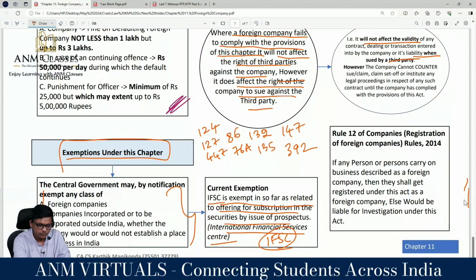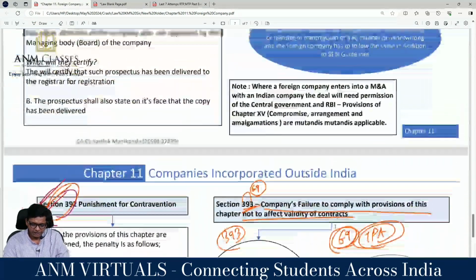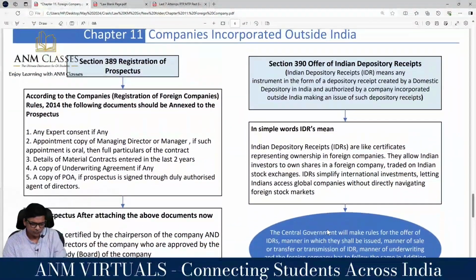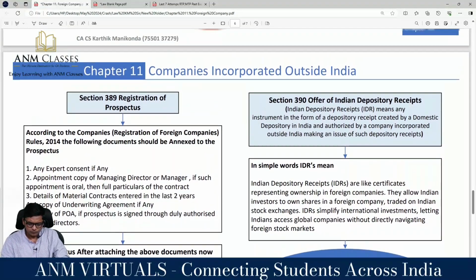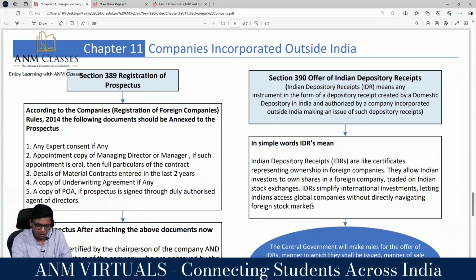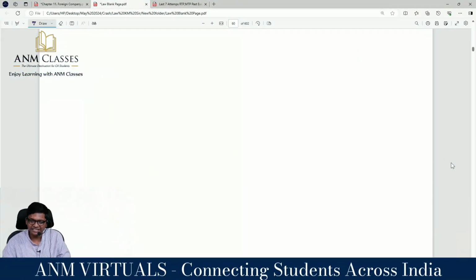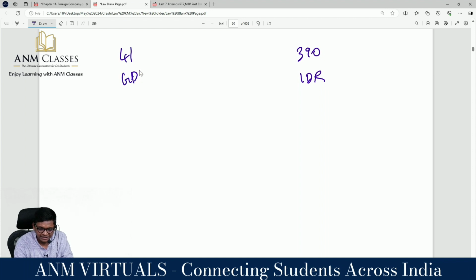Now, next. Let me proceed to the last part of this chapter. Okay. Let me go to what are IDRs and GDRs. This time in our syllabus they added two new sections. 390 is Indian Depository Receipt, and in the Prospectus chapter they added GDRs, Global Depository Receipts.